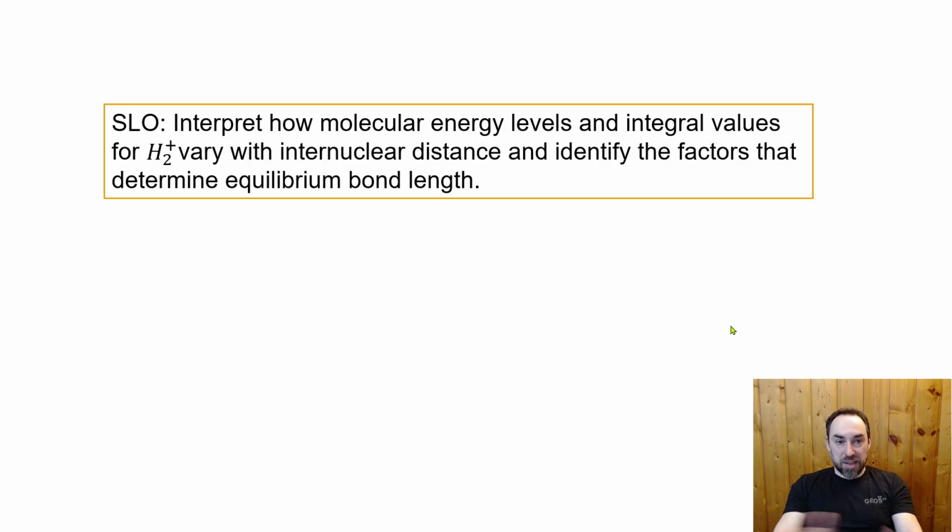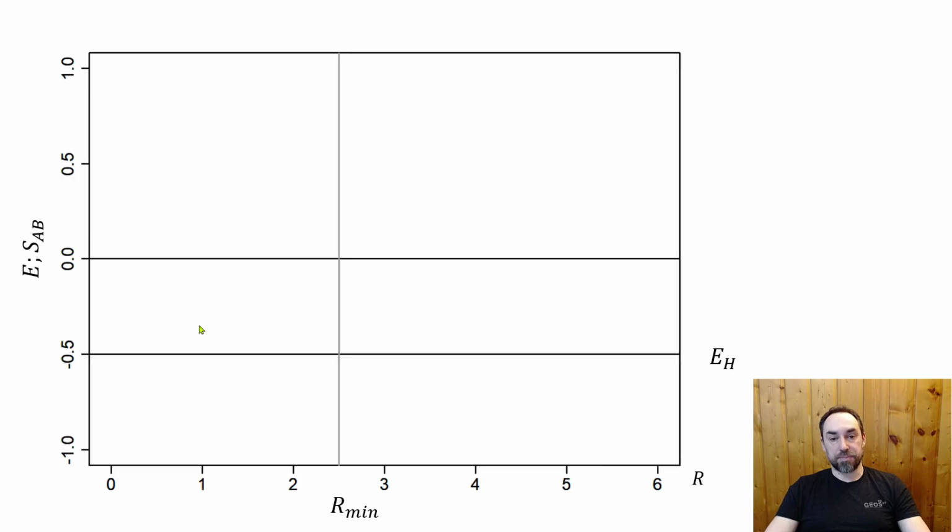Alrighty, the last step in this process is to look at how these energies change as a function of the bond distance. So we want to interpret how molecular energy levels and integral values for H2 plus vary with the internuclear distance, and identify the factors that determine the equilibrium bond length.